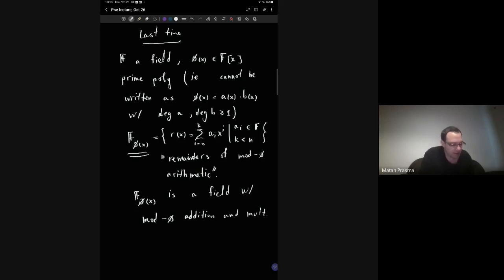Now, how many elements does this field have? Can anybody say? Suppose F is a finite field. If the number of elements in F is some, it doesn't matter, let's say it's some t.